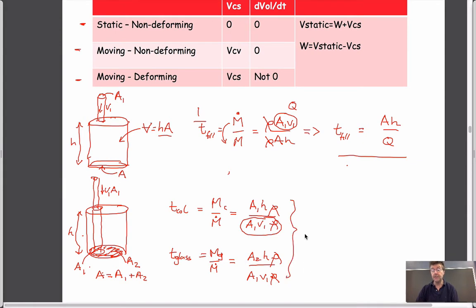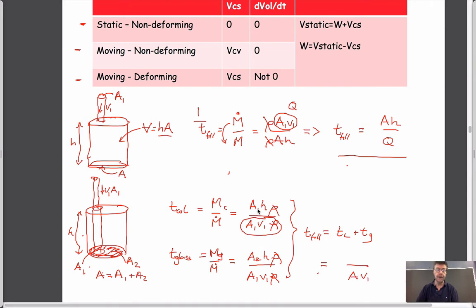And if we look at the total time taken to fill, it's equal to T C plus T G, T glass. And if you look at these individual components, we see that the denominator is the same in both cases, it's just A1 V1.